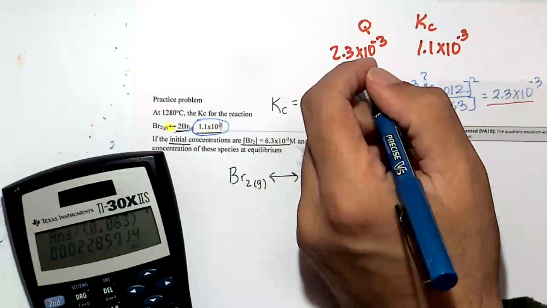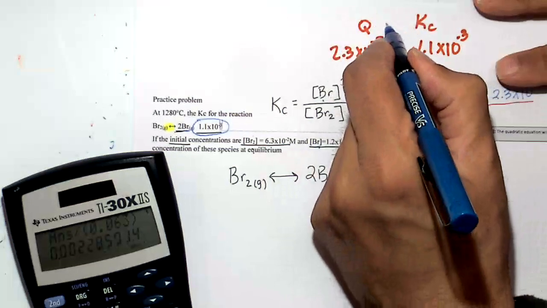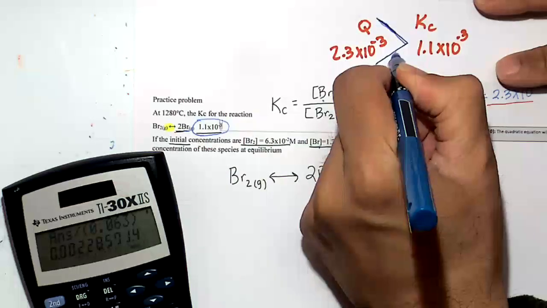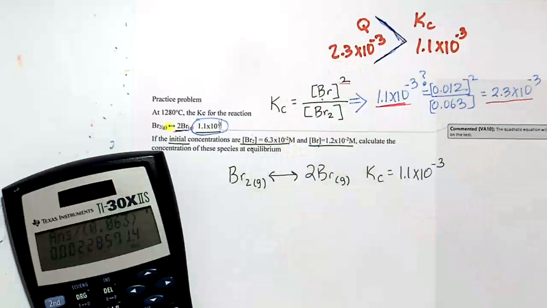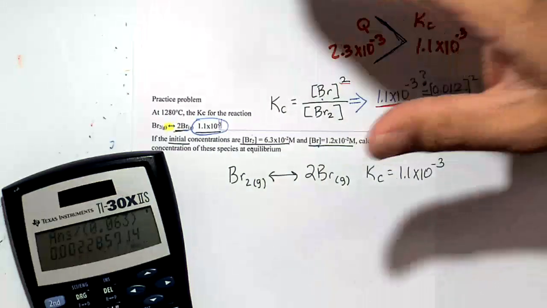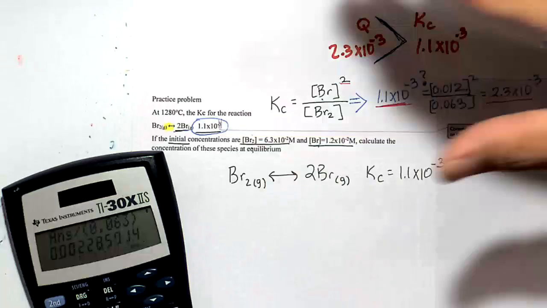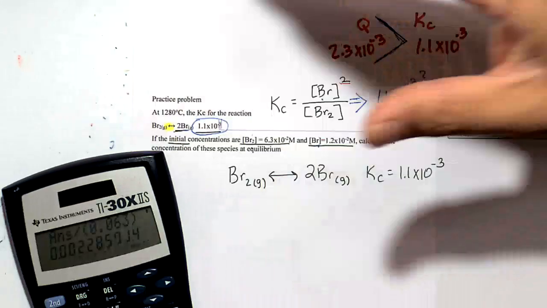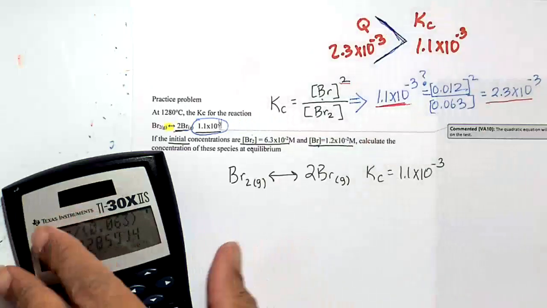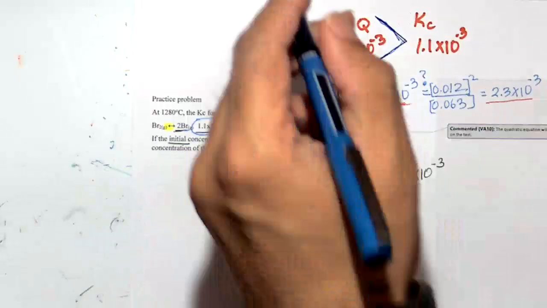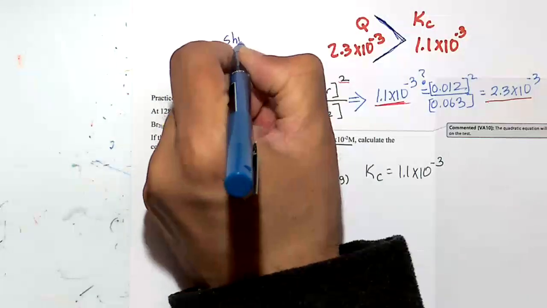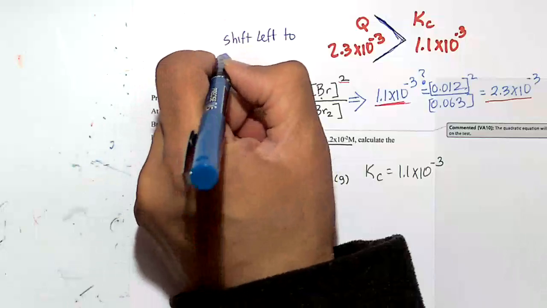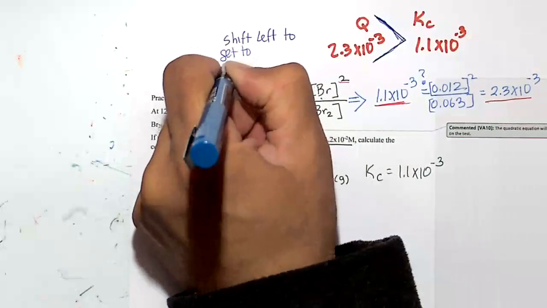Q is greater, right? 2.3 times 10 to the minus 3 is greater than 1.1 times 10 to the minus 3. So which way will the reaction shift? Putting Q first, where do the alligator jaws go? To the left. So this is going to shift left to the reactant side, to get to equilibrium.